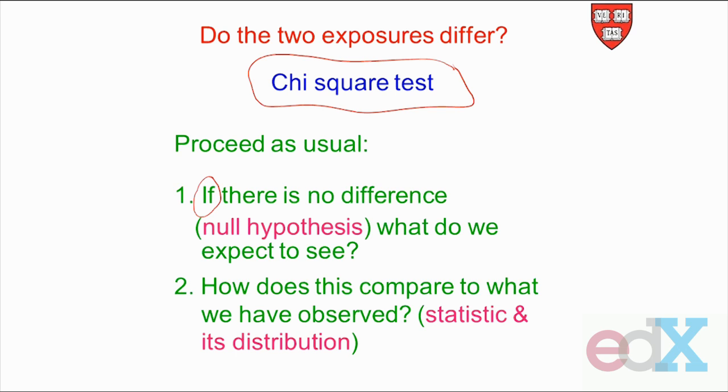If the null hypothesis is true, if there's no difference between those who were EFM exposed and those who were not, what do we expect to see? Then, what did we see? And then compare the two. Compare what we saw to what we expected to see.